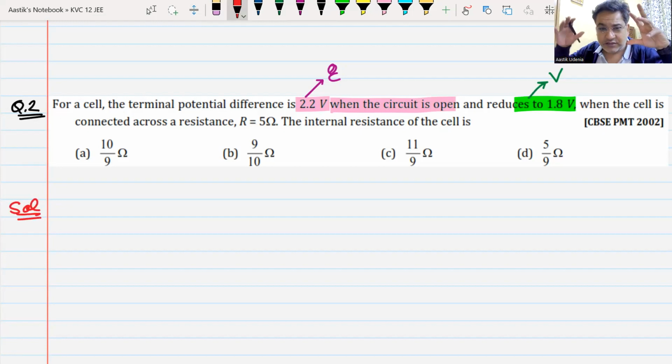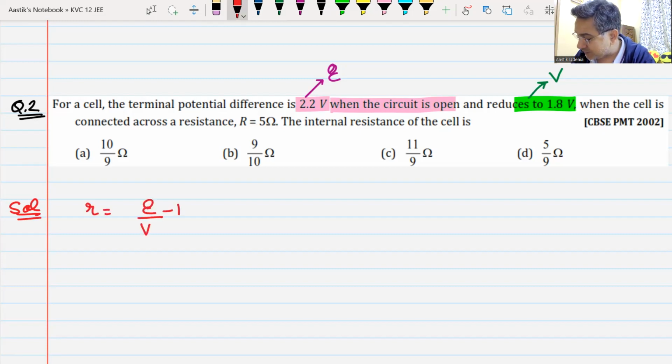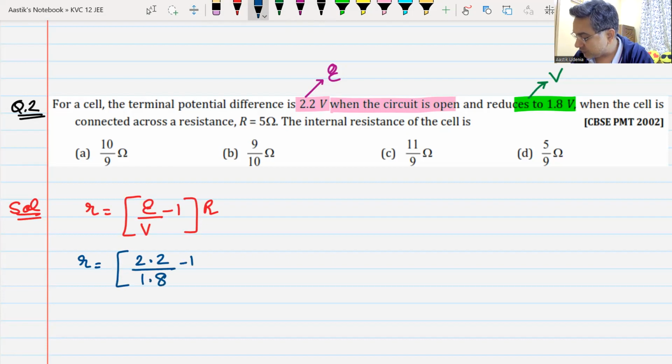It has E, V, and R. Remember the result. r, internal resistance of the battery, is (E by V minus 1) times capital R. Do we remember this result? This is the result that we can use here. So internal resistance will be equal to (2.2 divided by 1.8 minus 1) multiplied by 5.